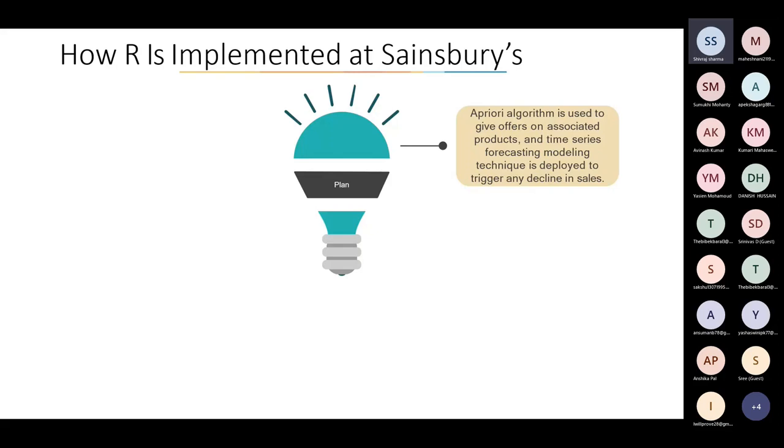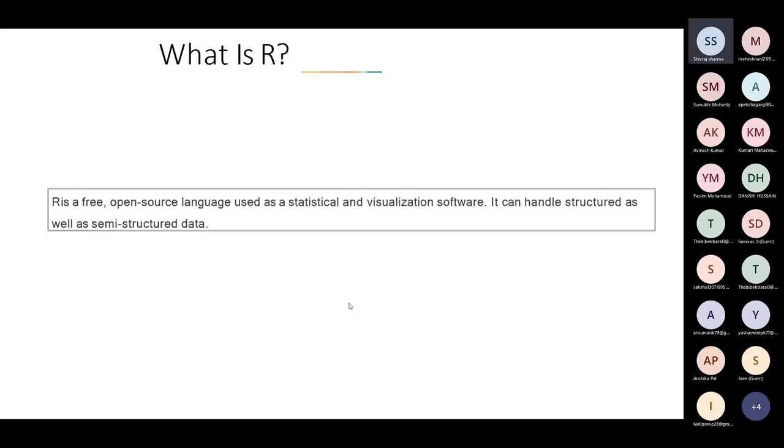Okay, so how interesting is it? Now it is very easy for the people, as offers get implemented automatically. They don't need to do those things manually. So what happened? The sale increased.